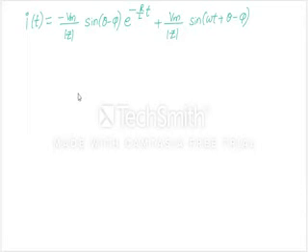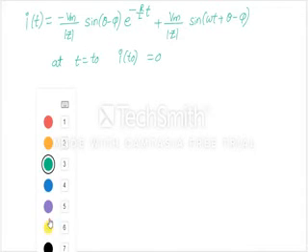At t equal to t naught, the current is 0. I of t naught is how much? 0. Apply this condition now.